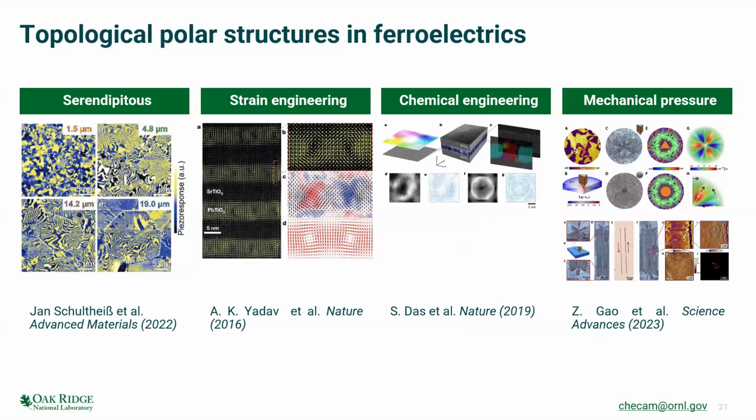Then where do we find this topological arrangement of domains? Well, you can find them serendipitously, like in these manganites from the group of Dennis Meyer. But there's a lot of work done in the last decade or more on strain engineering and chemical engineering during the growth of the material to foster the conditions that allow those structures to appear.